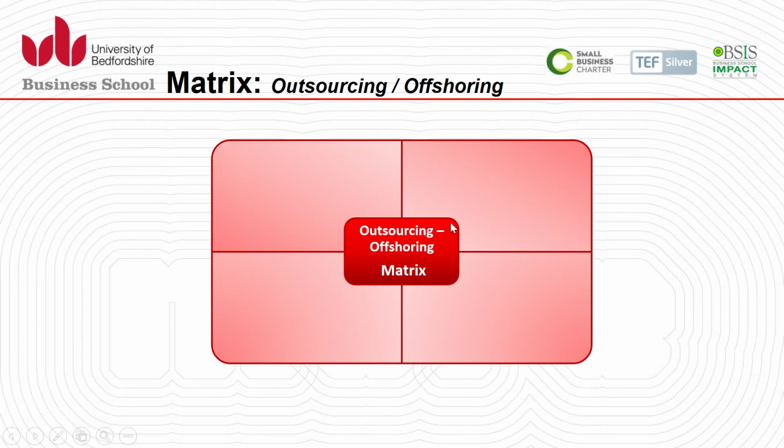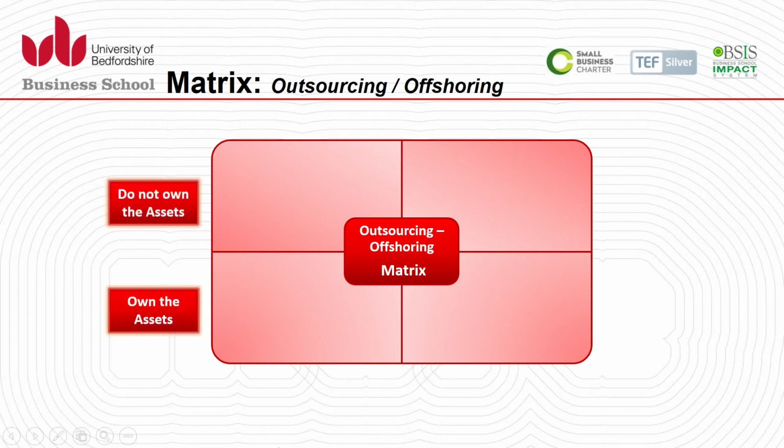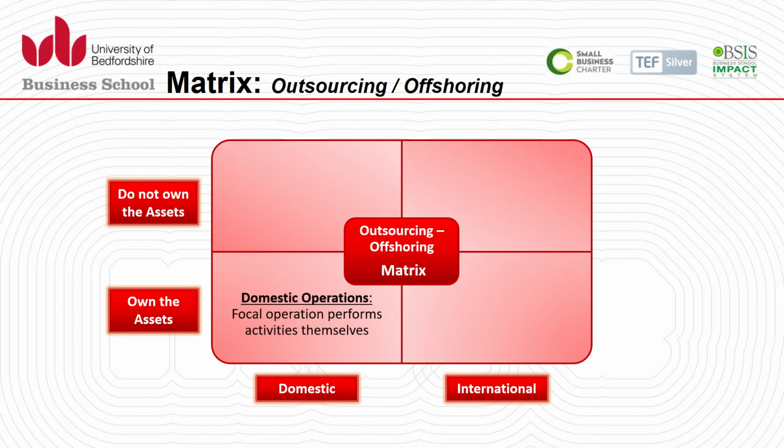And we can see in this possibility the offshoring and outsourcing and combination of both. So if it is something which can be done domestically and the asset is owned by the business, we call it domestic operation, and that is the focal operation performance activities done by the organization themselves.